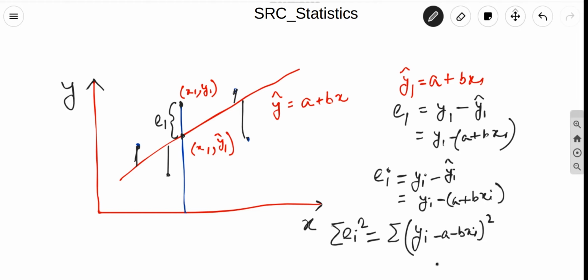We have to minimize this summation ei square to get the line of best fit. So we find the values of a and b in such a way that summation ei square is minimum. That is called the principle of least square.